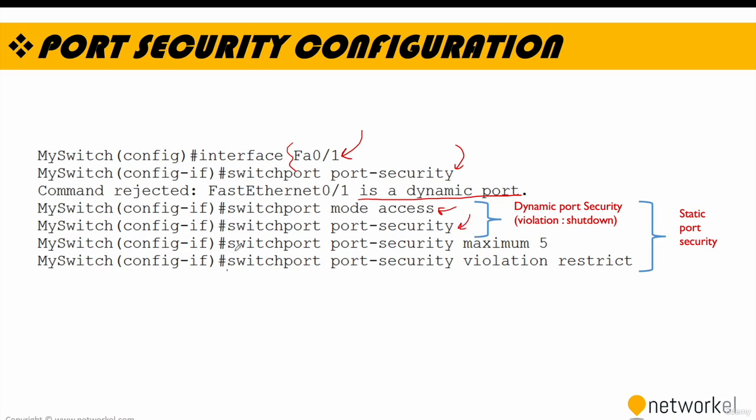Okay, then I am defining this command, switchport port-security maximum 5. So what I'm doing here, I'm setting the maximum number of MAC addresses that can be learned on the port. This helps prevent MAC flooding attacks.